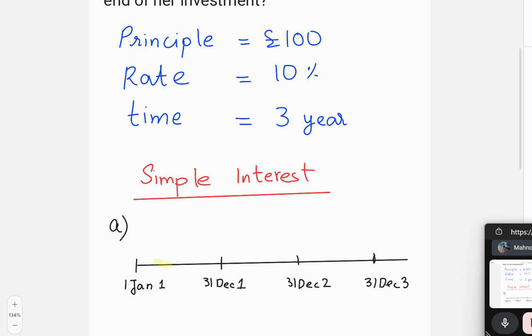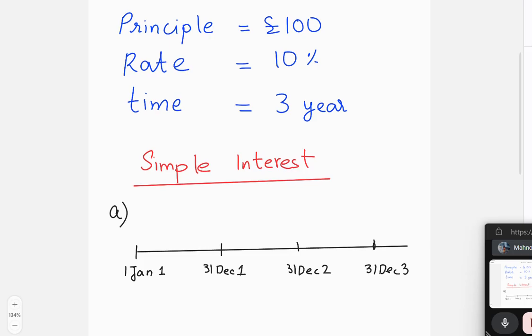So what do we have? This is the first year, this is the second year, and this is the third year. Now, she is investing the money right at this point. On 1st January, she is investing 100 in a bank.